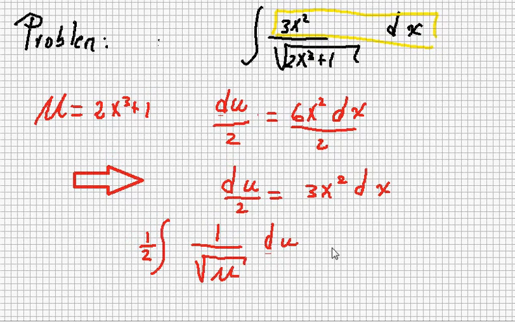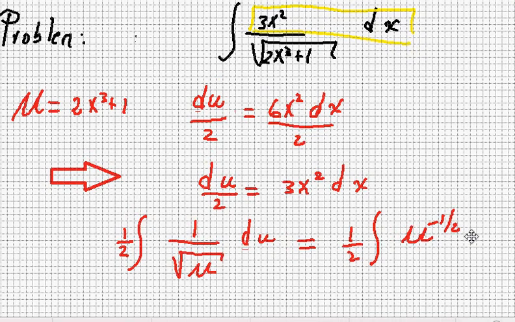Now I'm in a good position because I can find this antiderivative readily. What is this telling me? I can write this as 1/2 the integral of u to the negative 1/2 du.